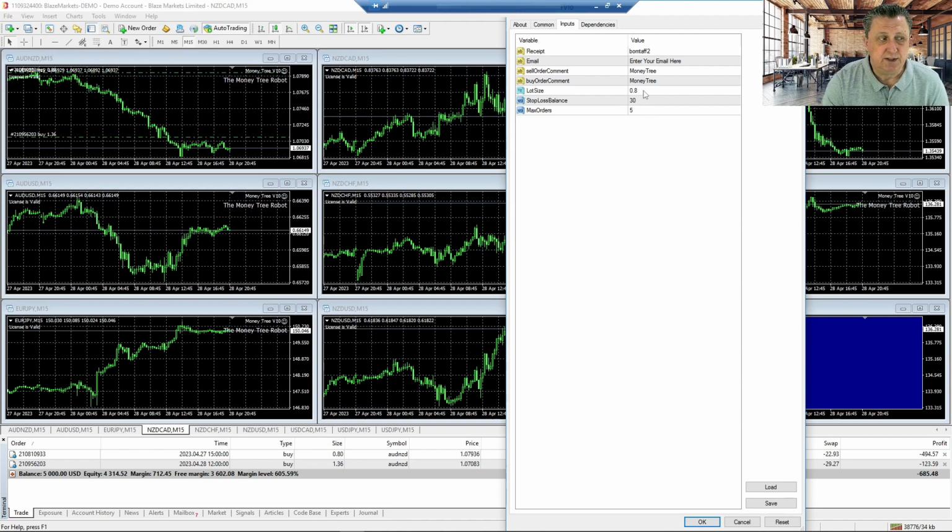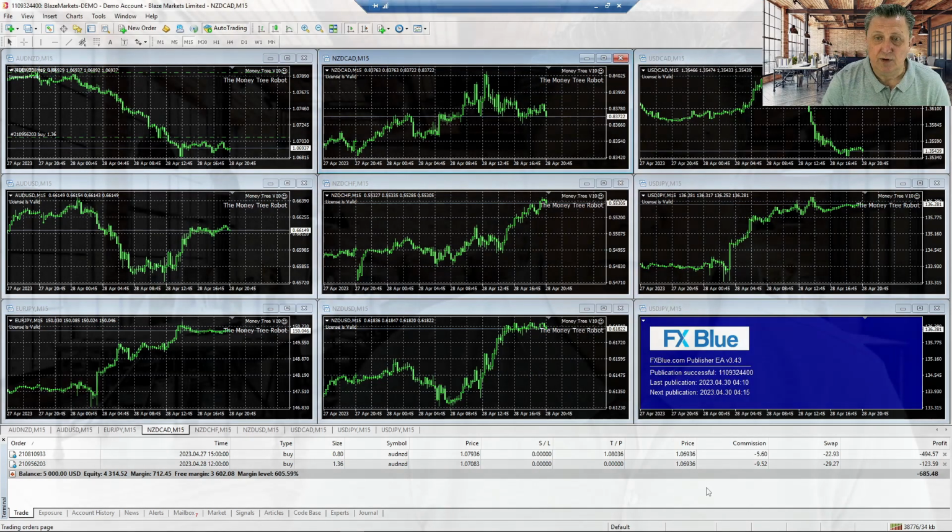You can see that these are 0.8 on the lot size, so basically double what we had on the medium risk, and it's 4 times as big as what we have been trading so far on the low risk setting with all 18s in play. Stop loss balance is also 30% here, and max orders is also set at 5. We might want to change the max orders later on. We will keep a close eye on exactly how this develops.